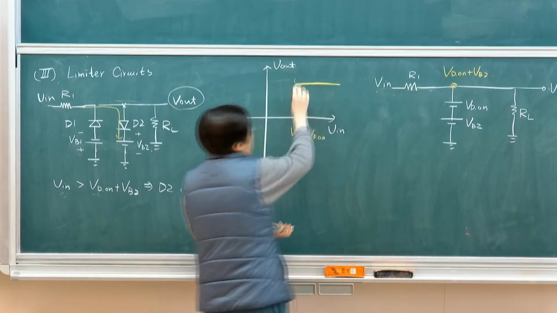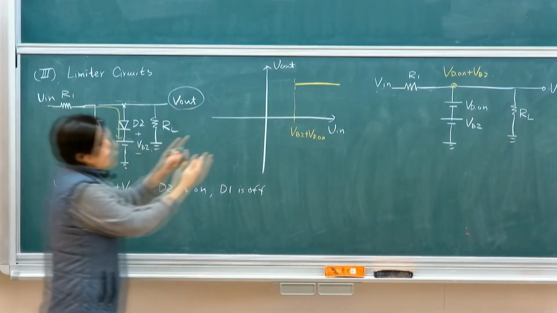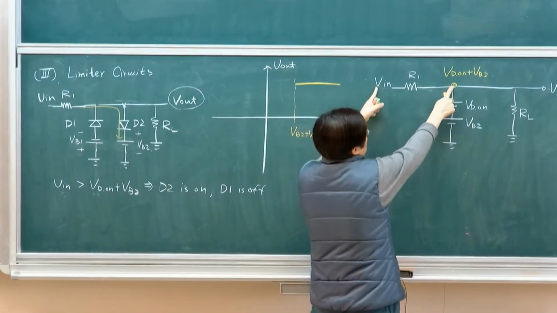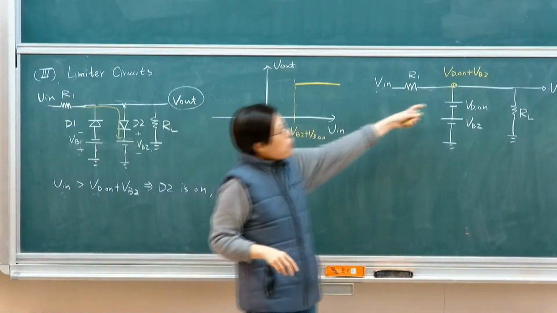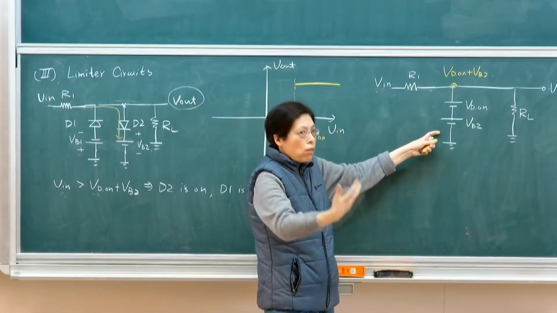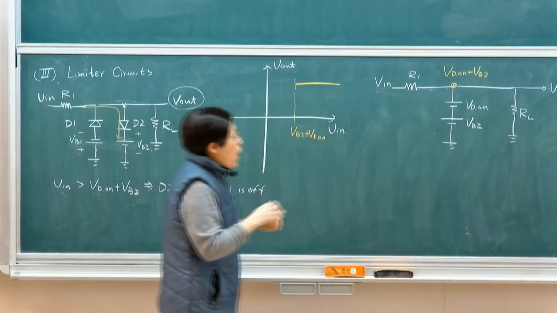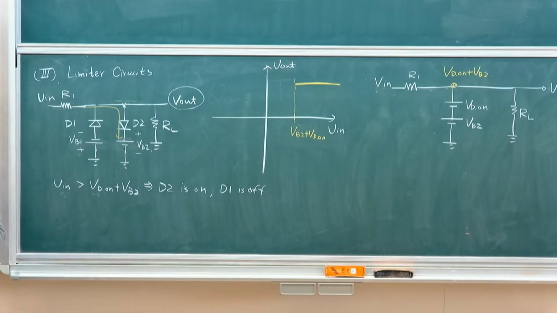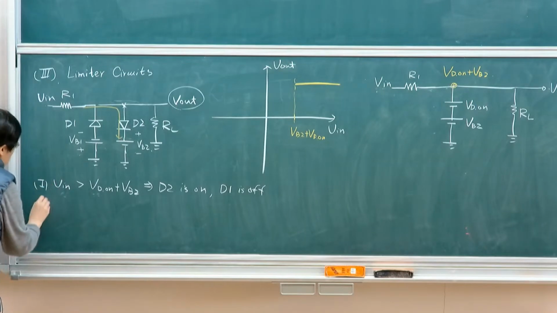When it exceeds, the diode will prevent any current which would sustain the voltage drop across here. And then this voltage will be clamped at a flat level because we have a voltage source. Remember, a voltage source can take in any current to sustain the circuit to make this voltage stable. Your output will be stable if you're assuming that it's a voltage source. So this is zone 1.